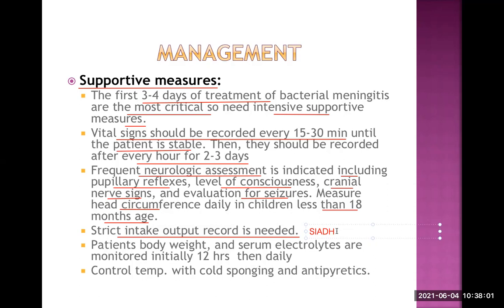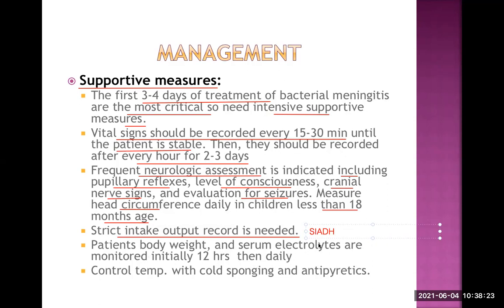The child is in coma, probably the child is not drinking properly, so we need to be exact. We need the exact record of how much fluid the child has taken and what is the urine output. Otherwise, the child may be hypervolemic. Patient's body weight and serum electrolytes are monitored initially at 12 hours, then every day.